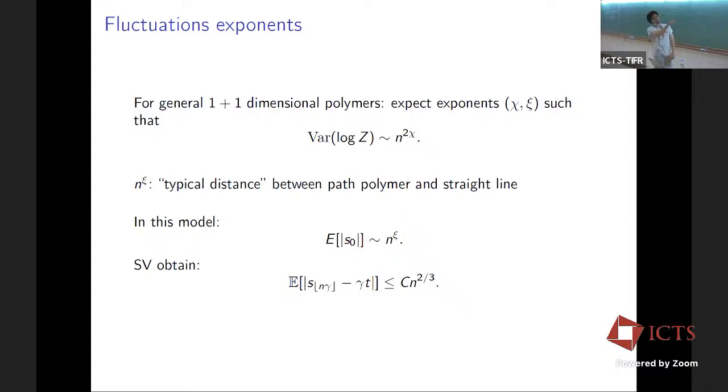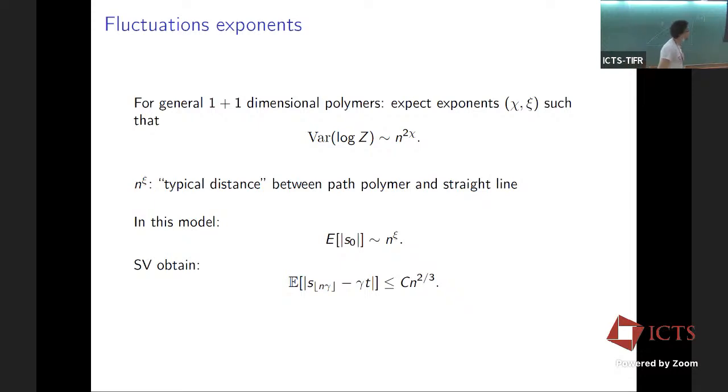Okay, so just to be clear what the fluctuation exponents are, in my course, I talked about n to the 2 chi being basically the order of the variance, and n to the xi is the typical distance. If you look at the straight line from (0,0) here to this level here, T_n, and you look at typically how far this piecewise constant path is, very roughly, n to the xi should be this deviation.